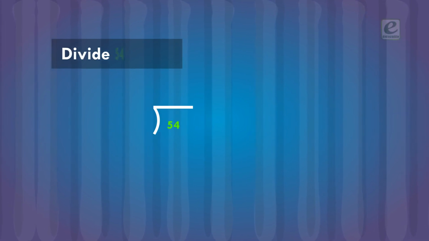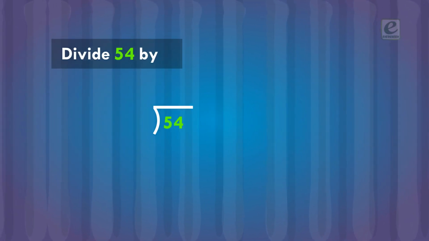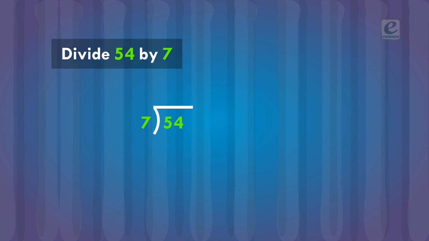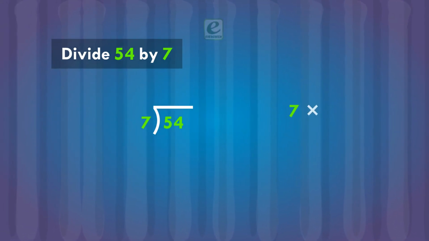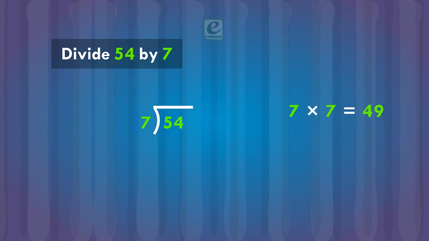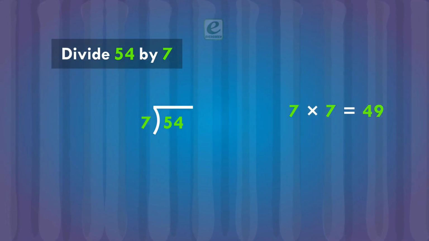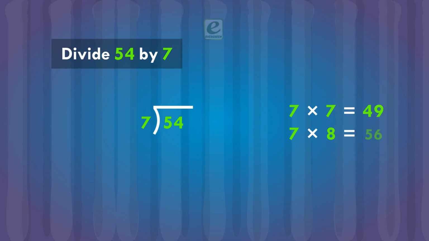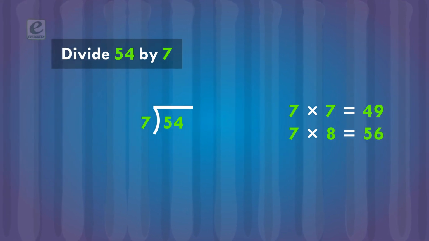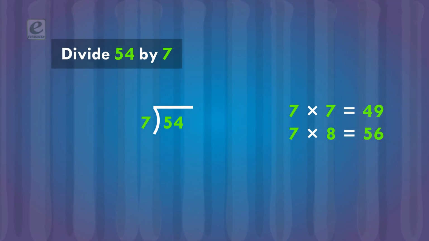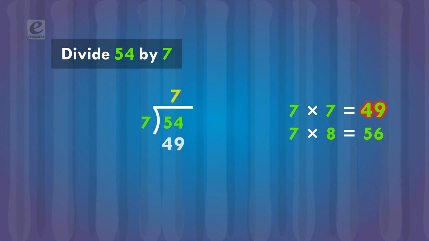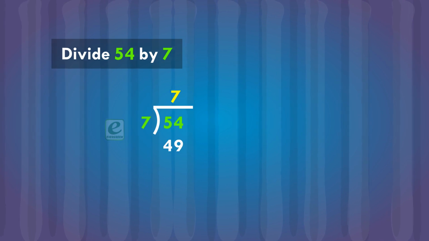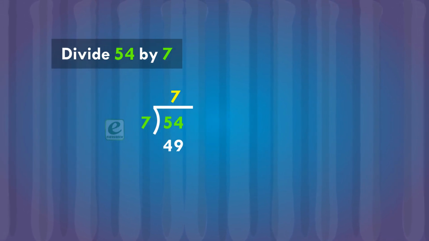Let us divide 54 by 7. Here, in the multiplication table of 7, 7 sevens are 49 and 7 eighths are 56. Since 56 is greater than 54, 49 will be subtracted from 54.